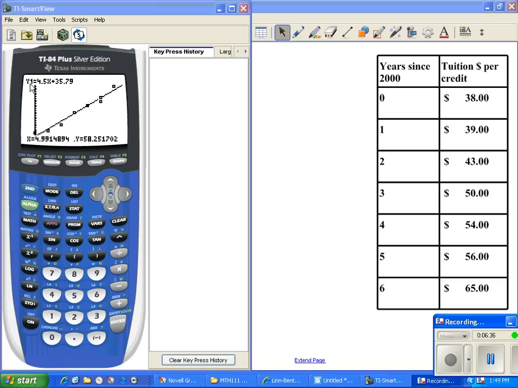Y will be our predicted tuition in dollars per credit. We can then use our equation to make a prediction. If we're interested in the year 2010, we'd have 4.5 times 10 plus 35.79. That would give us an estimate of about $80.79 per credit in the year 2010. Whether that's the case, I think we'll find out soon enough.